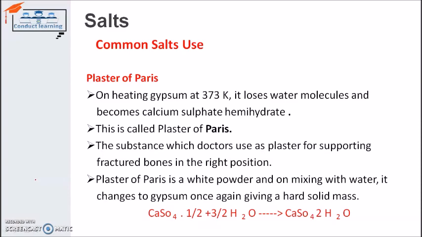So you can simply see that calcium sulfate hemihydrate, when mixed with water, forms calcium sulfate with two molecules of water. This is gypsum. So this is the method to prepare different salts from a common salt.